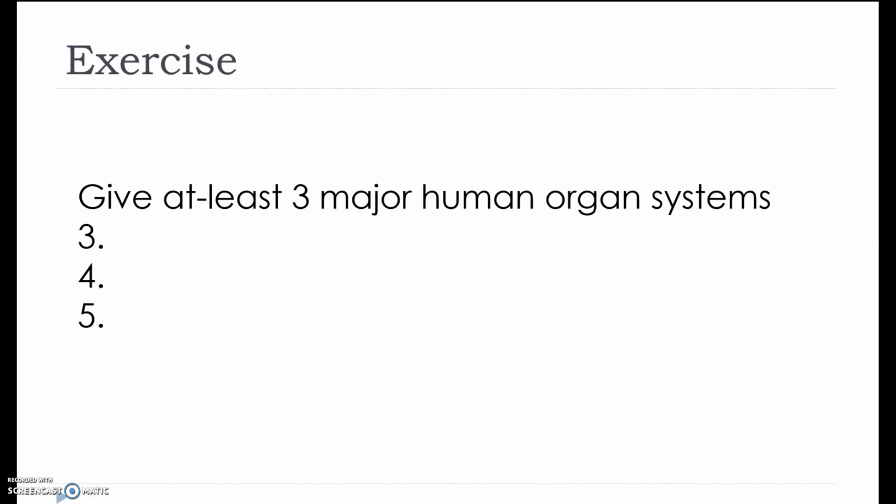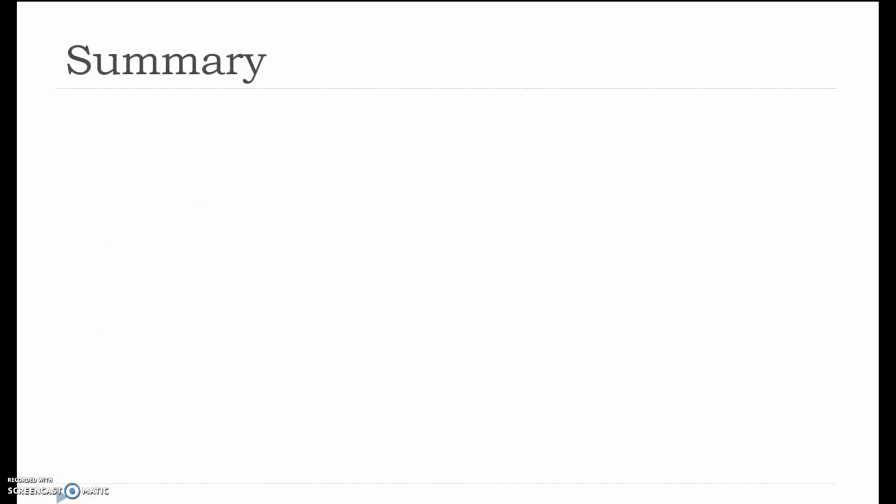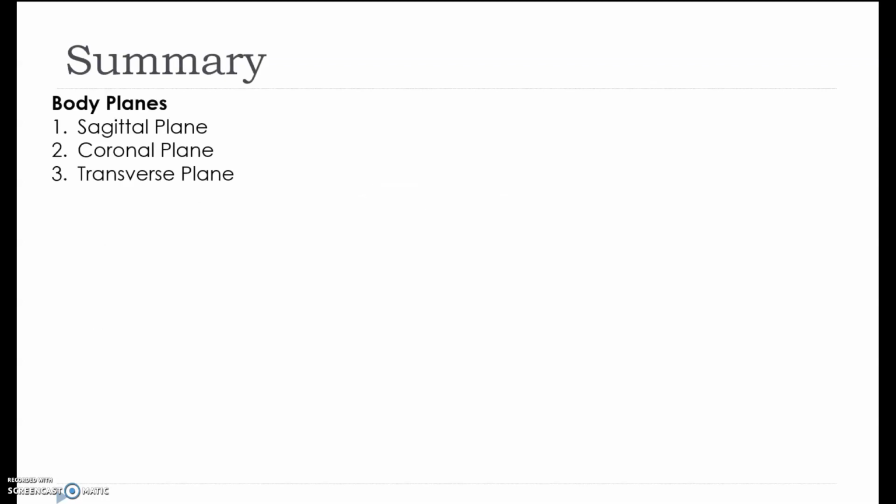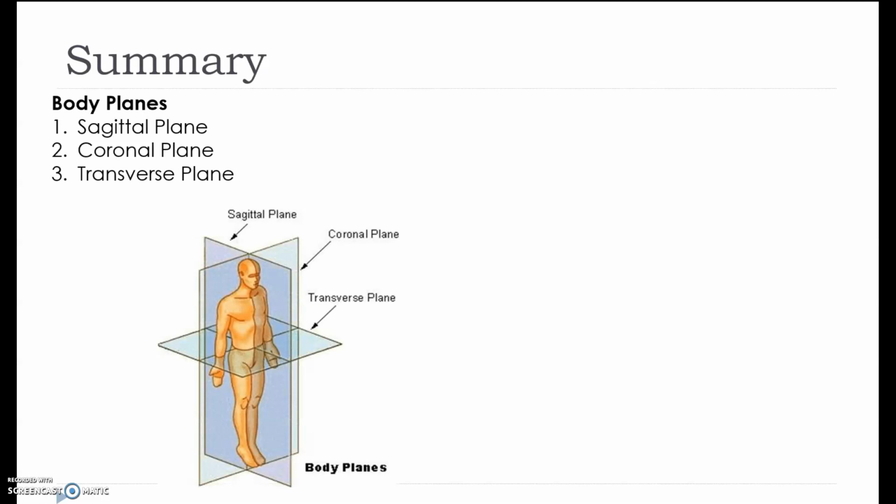Very good. As a summary, we talked about body planes, which are the geometric planes or lines that divide the human body into sections. We have sagittal plane, coronal plane, and transverse plane.